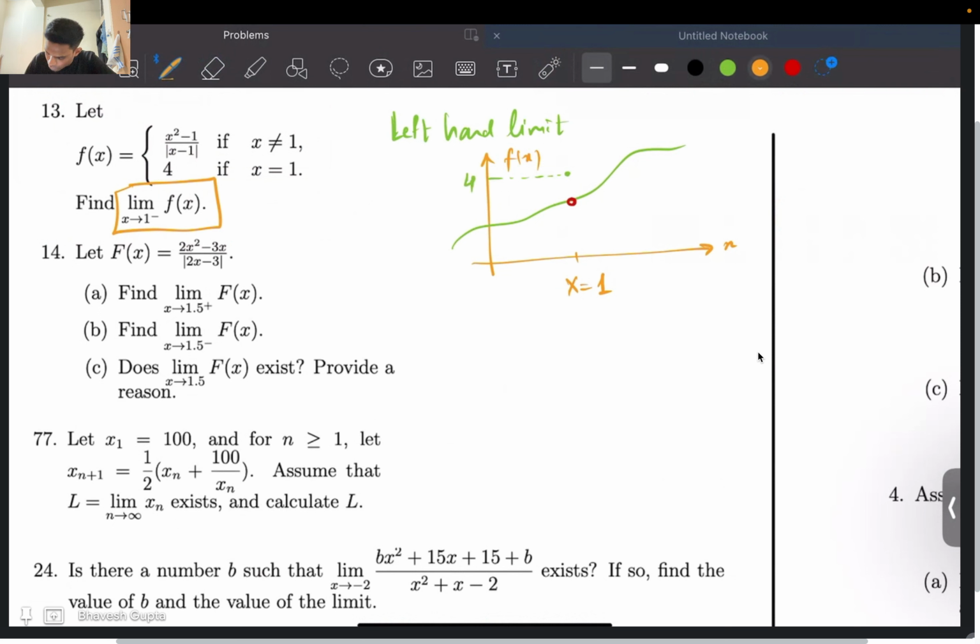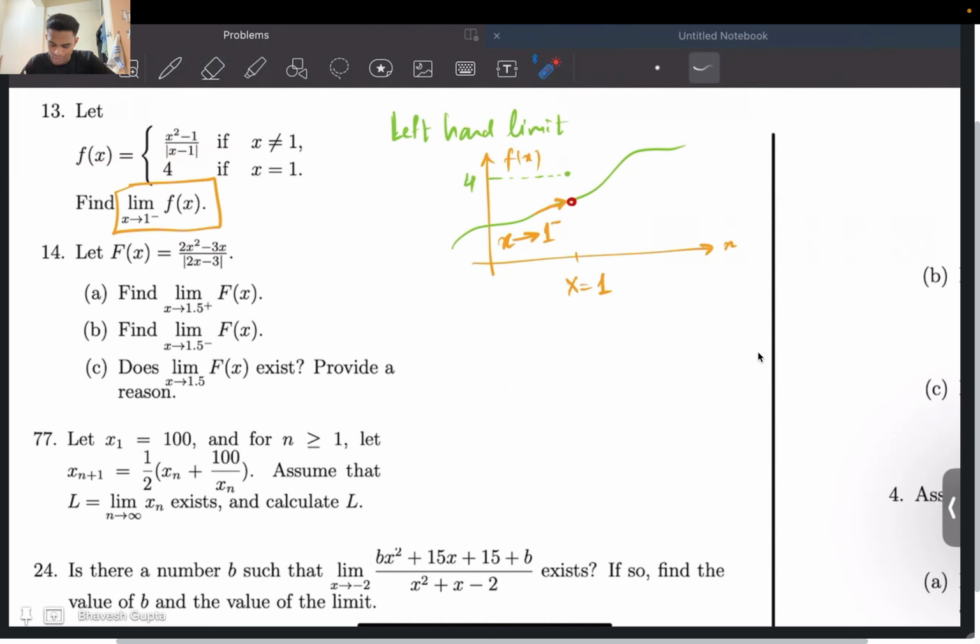So what you're trying to do is approach this particular red dot from the left hand side, because that's what it means when x tends to 1 minus. So that's the idea.